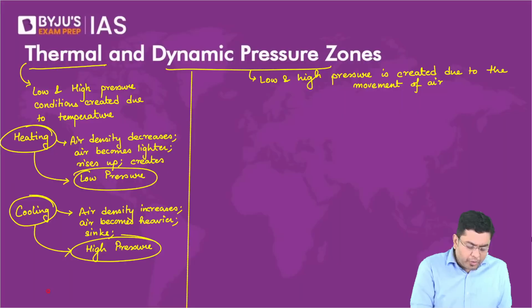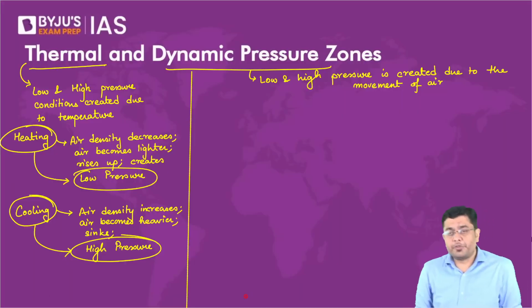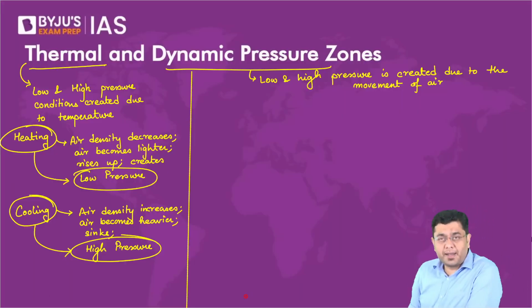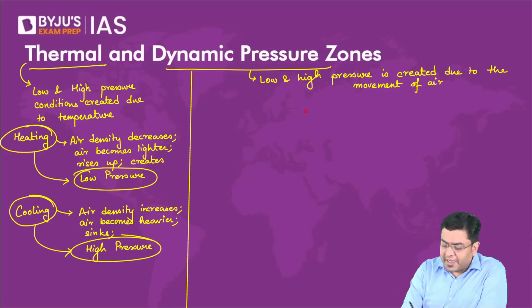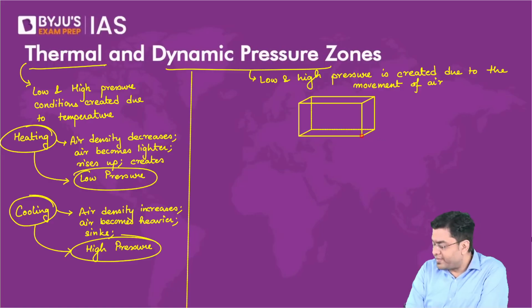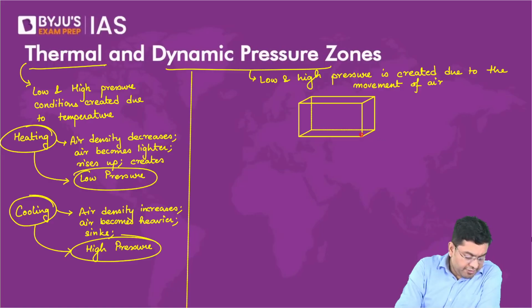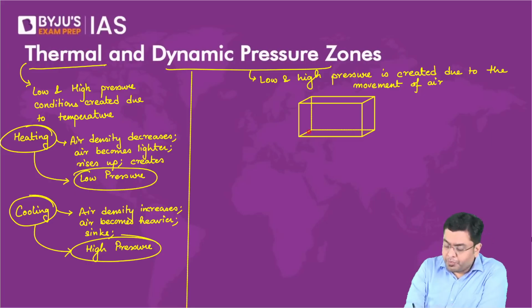Now, when we talk about a dynamic pressure zone, here the pressure conditions are created due to the movement of air. So if we consider any particular region, for example, here we take the case with the help of a room example.